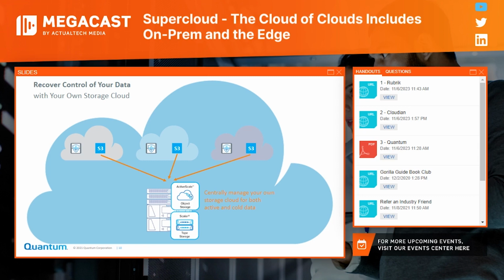So you will likely have a scenario where data needs to be very close and resident with those workloads, and that's something to consider. But for the 90% solution, a centralized storage cloud can be very, very effective in these multi-cloud and supercloud environments.